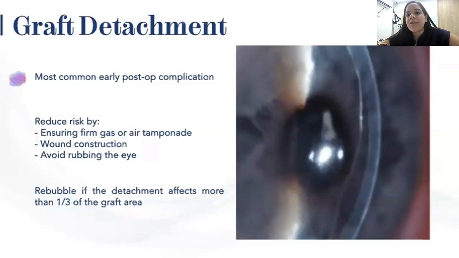But if it doesn't, then you have to rebubble, and you can do it in the office. Here you don't have to use SF6 again. You can use air with a 30 gauge cannula. Then after that, you have to tell the patient to lie supine for at least 1 hour. And then you have to check them again to see how the bubble is and to prevent any pupillary block.